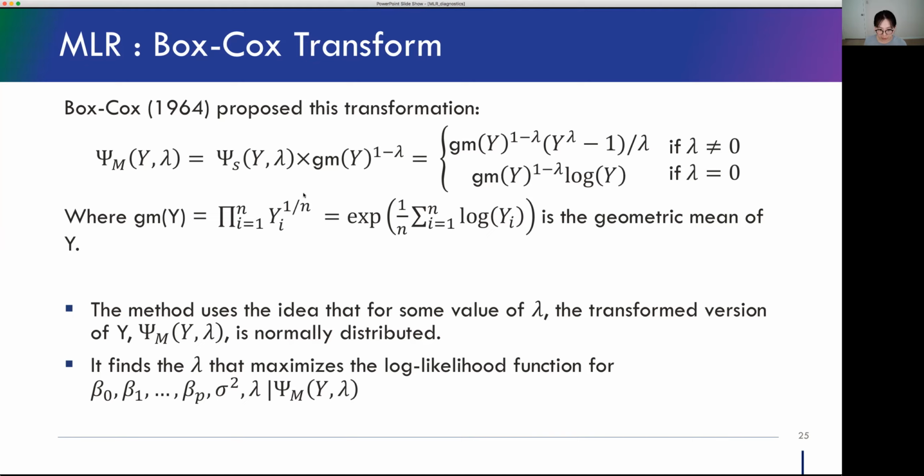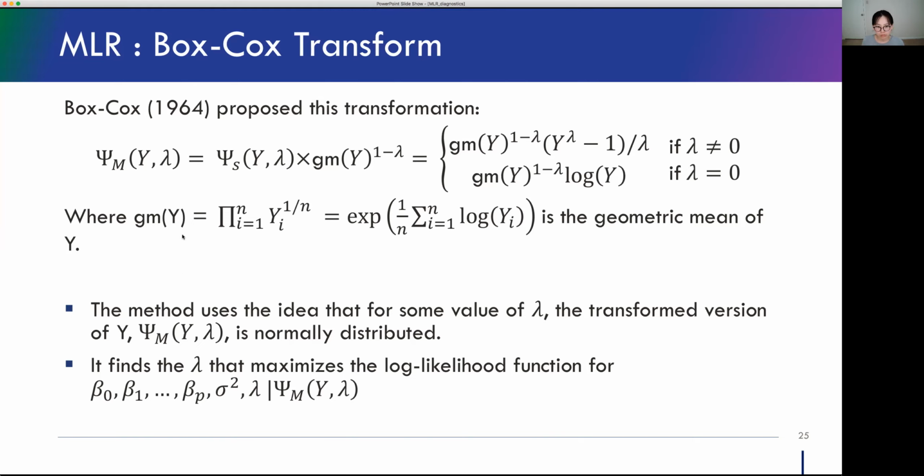Well, this method uses the idea that for some value of the lambda, the transformed version of y, this psi, a function of y and lambda, is the transformed version of y. So it's based on the idea that this transformed y is normally distributed.